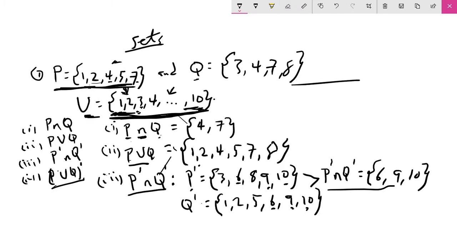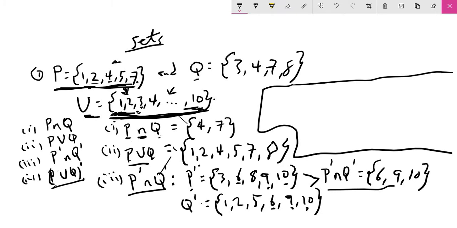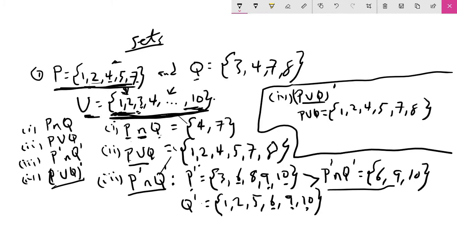So I'm just going to solve IV right here. P union Q complement, right? So first we find P union Q, but we already did that. P union Q is equal to 1, 2, 4, 5, 7, and 8. Now we find the complement of that.